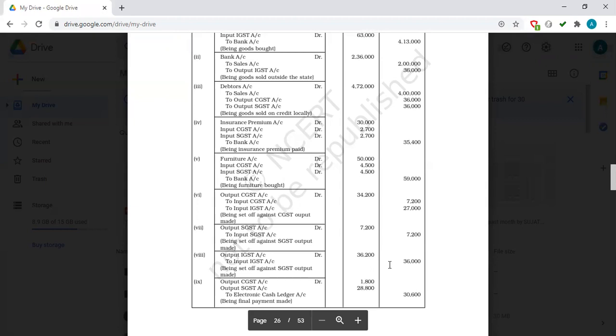So bank account debit 4,72,000 to sales account 4 lakh, to output SGST 36,000, to output CGST 36,000.